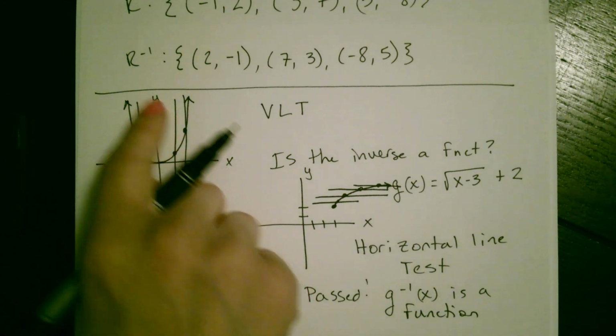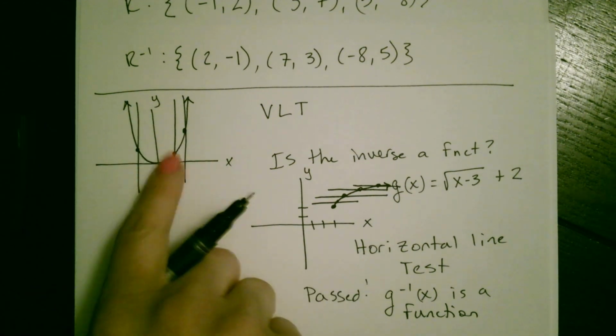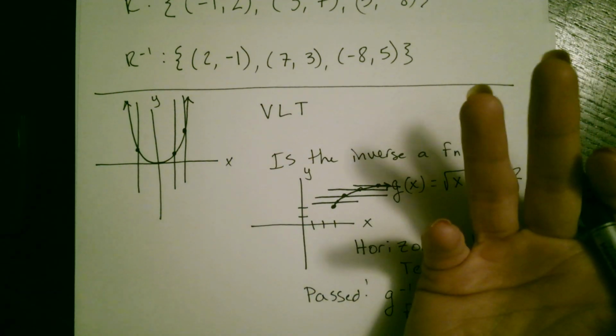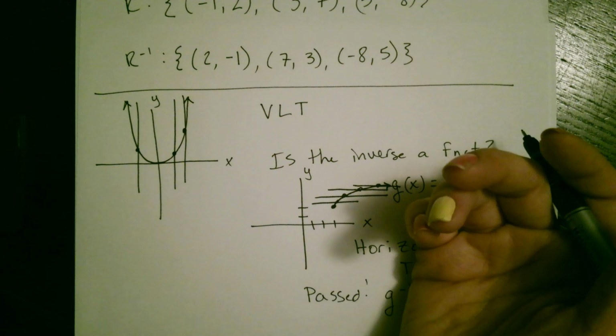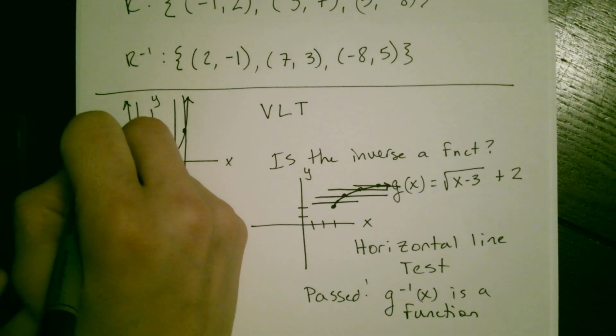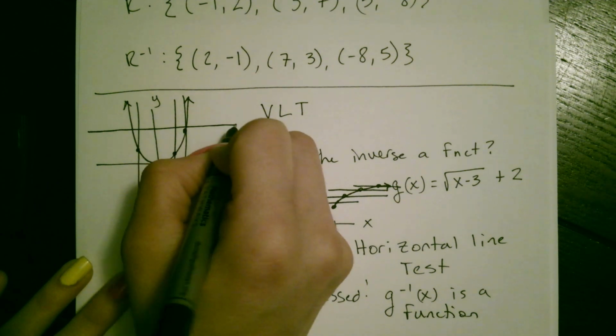Let's come back up to the first example where we did the vertical line test. This one passed the vertical line test. We know that it is a function, but is its inverse a function? You probably, without even doing the test, know that no, it is not.